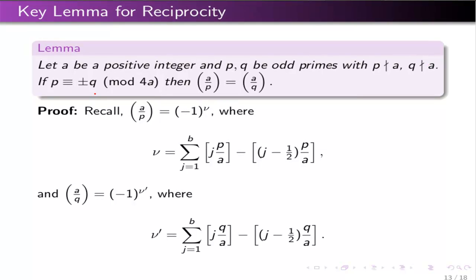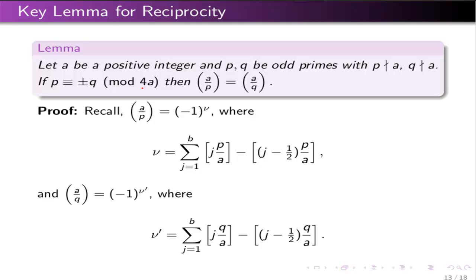If p and q are the same value mod 4a, then (a/p) equals (a/q). So the value of (a/p) depends only on the residue class of p mod 4a.